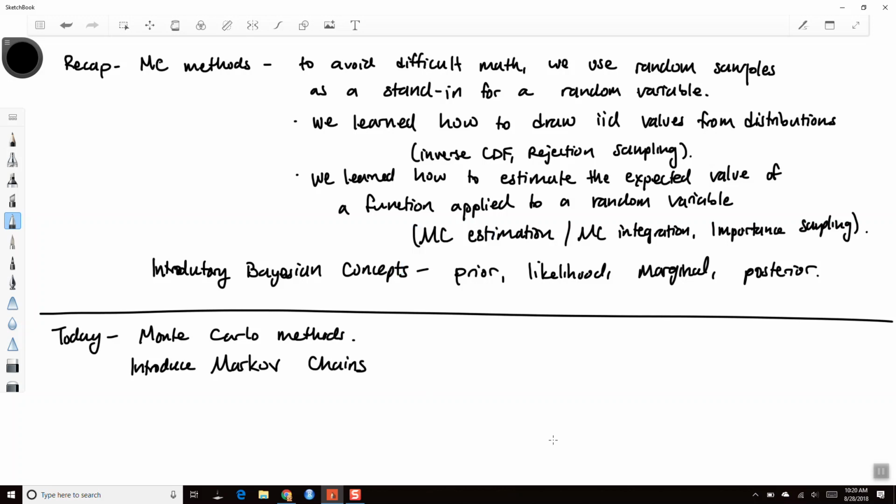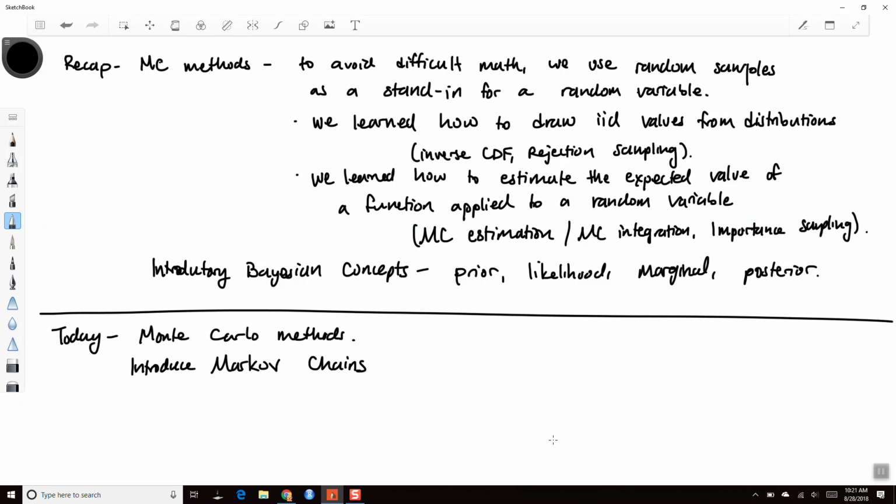So what is a Markov chain? Why are we going to learn Markov chains? The idea here is, so far all of our examples have basically been one-dimensional. We did a little bit of bivariate normal, but pretty much all of our examples have been one-dimensional.